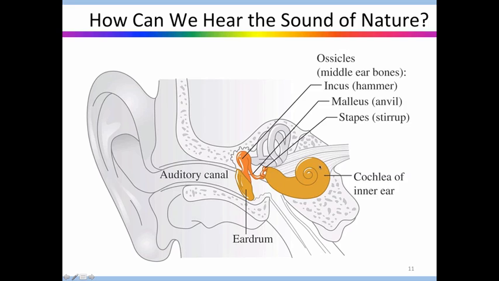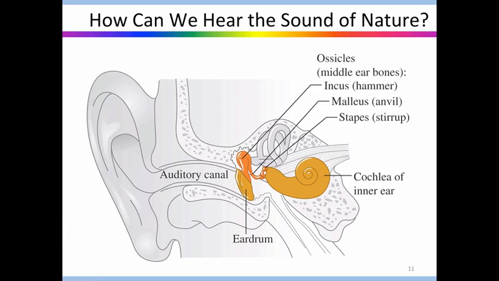And of course the inner ear is lined with a lot of very thin hair called cilia, and when a sound wave passes by, those cilia are set into oscillation, and it triggers electrical impulses in the nerves that are connected to these cilia. So that's how we hear sound.